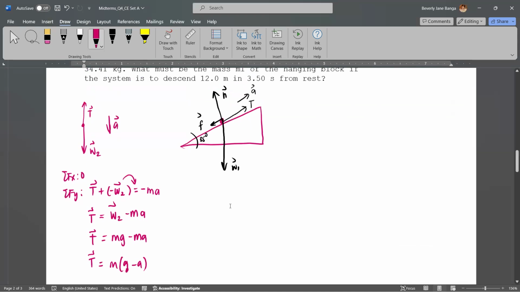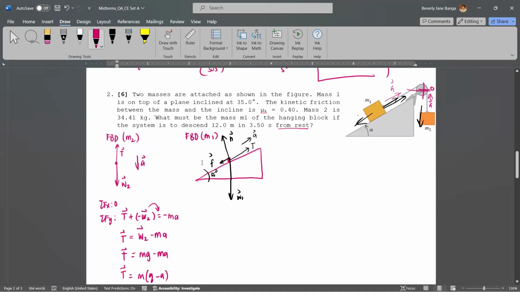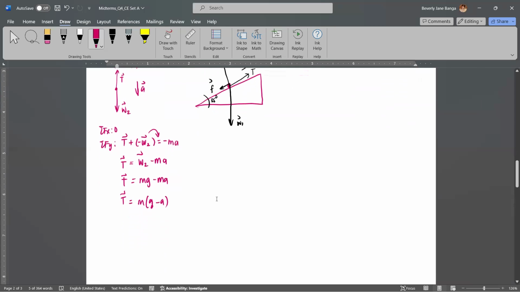Okay. Alam natin yung mass, alam natin ng G, but we don't know A. No? So, how do we look for A? Take note, may binigay siya sa atin dito. Descend 12 meters in 3.50 seconds. So, to get A, alam natin that y naught is 0, y is negative 12 kasi bumaba siya ng 12 meters, and time is 3.50 seconds from rest, which is 0 meters per second.